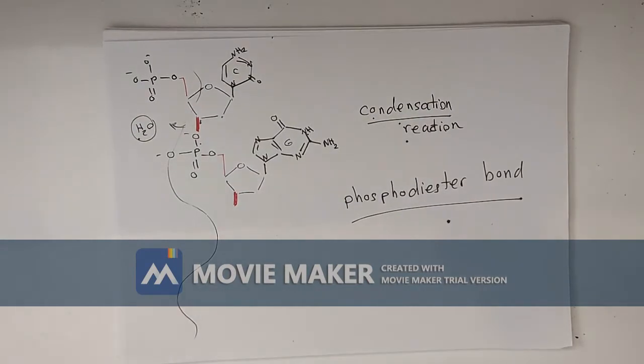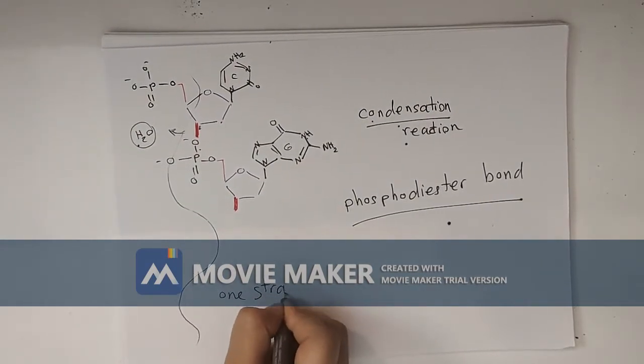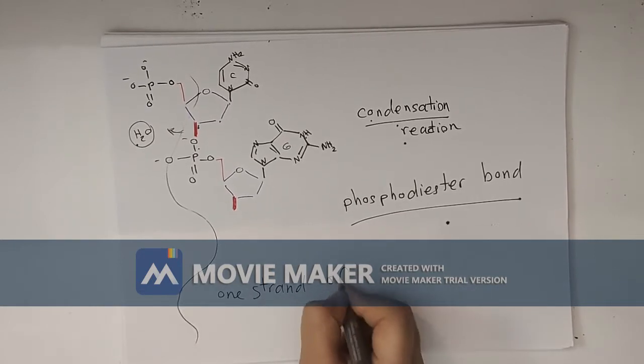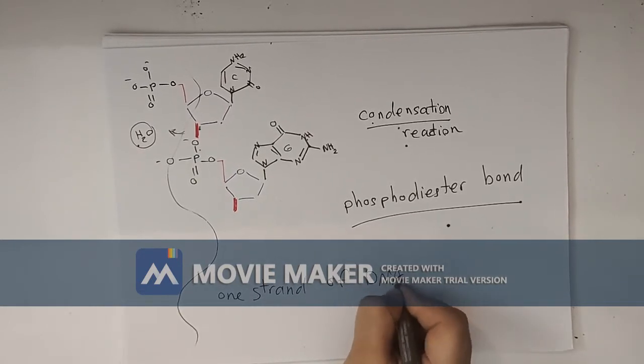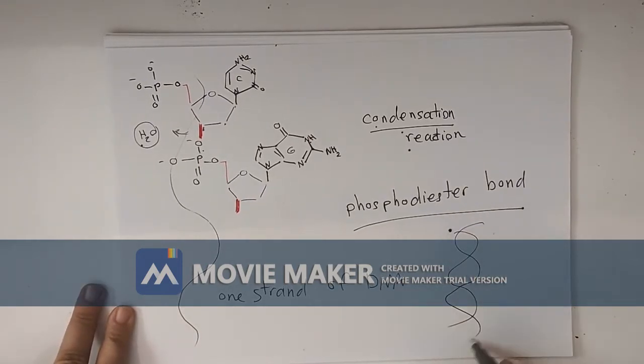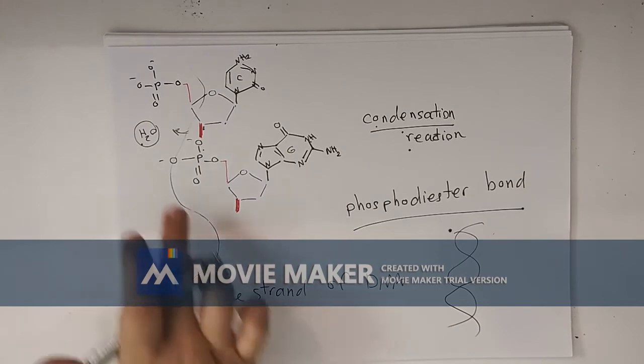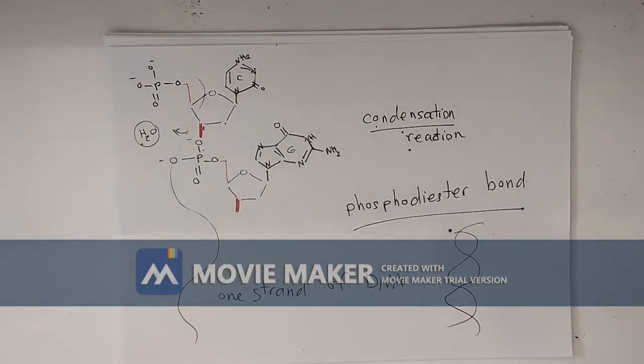There's one strand only. This is one strand of DNA. But you know that the DNA is a double strand, in a helix form. Okay, so we have just made one strand structure.